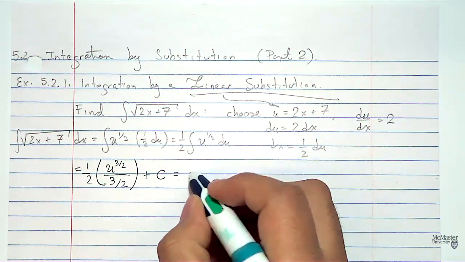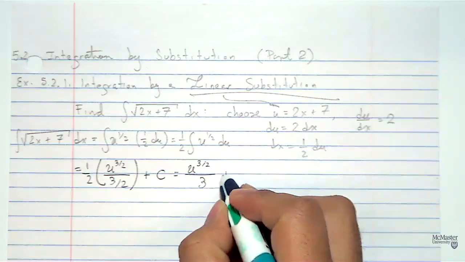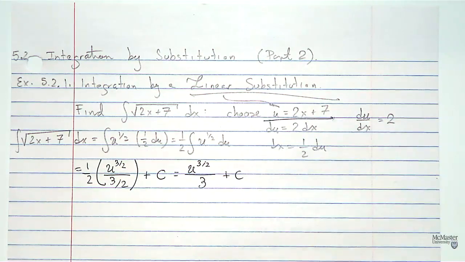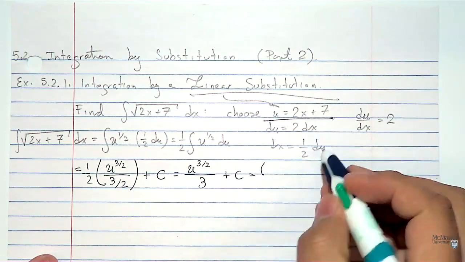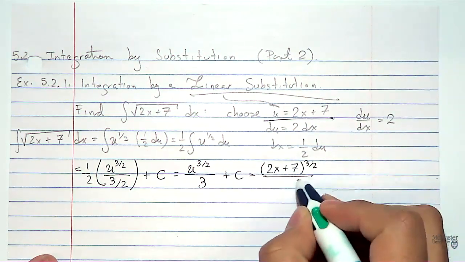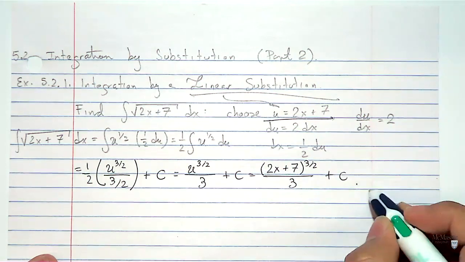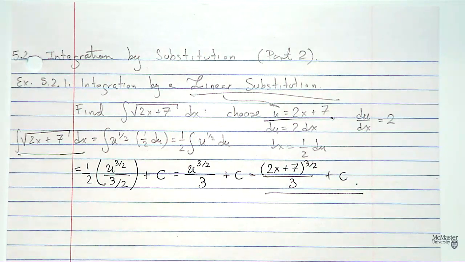Do the multiplication: u to the 3/2 divided by 3 plus a constant c. And now you have to substitute back for the function of x that you were dealing with. So u is equal to 2x plus 7, and the result is (2x plus 7) to the 3/2 divided by 3 plus a constant c. And this is the final result of the integration. You can verify the computation.